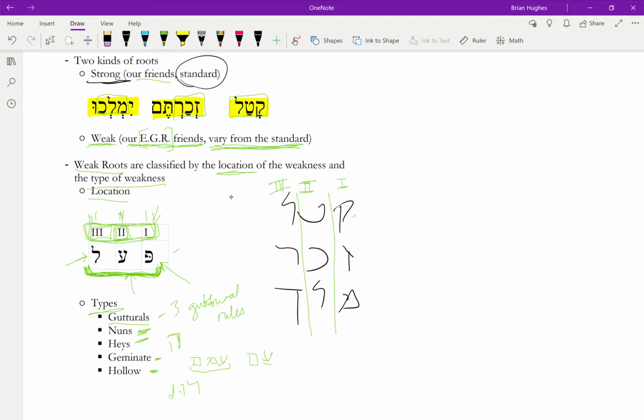So again, we'll learn those later, but we classify weak roots by their location in the triconsonantal root concept, so first, second, third position, and the type. So we're going to learn one guttural in this lecture, and third alephs and things like that. So that's how we're going to classify these.